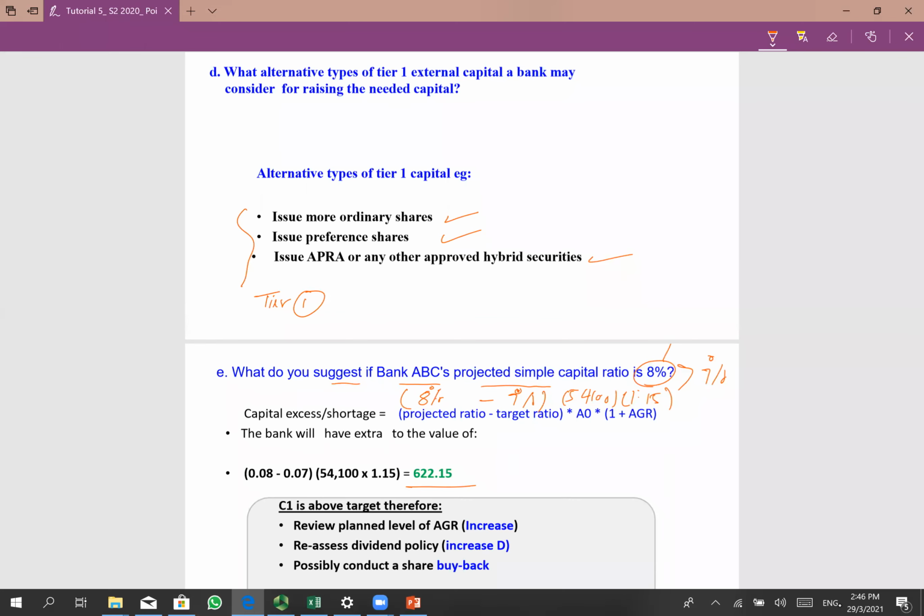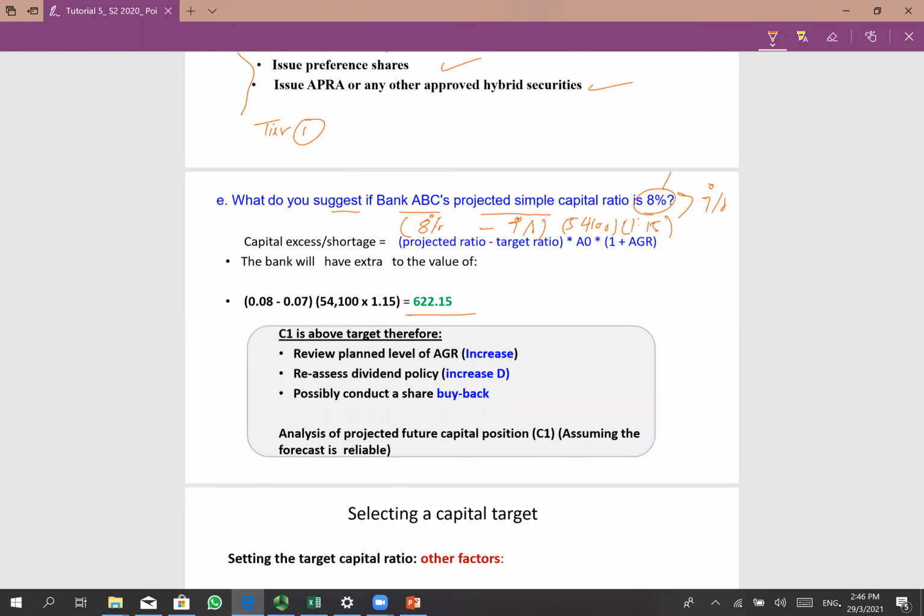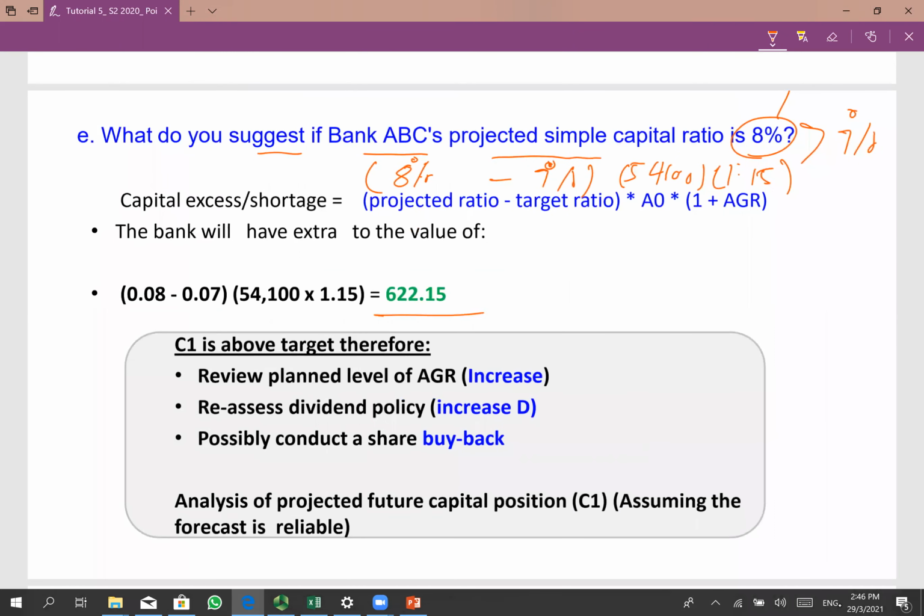The theory, according to the lecture, gives me the following options. You can increase dividends. You have more money, so pay more dividends from the retained earnings, decreasing the retained earnings. So you can pay 622 to come to the 7%.